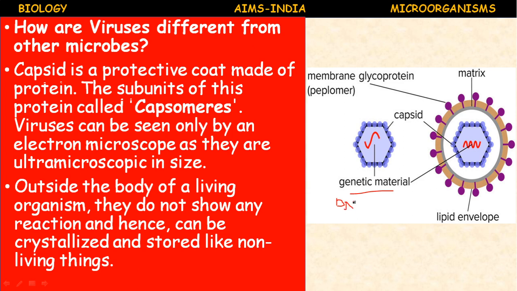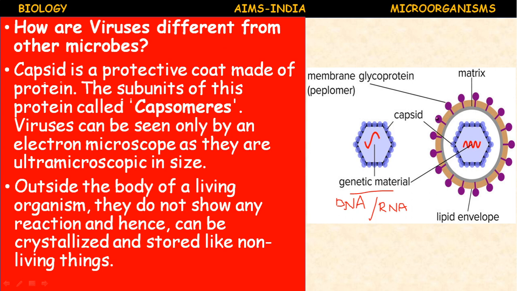Deoxyribonucleic acid, DNA, or RNA. If DNA is present, it is called a DNA virus. If RNA is present, an RNA virus. Because it is the very important structure which decides the fate of the virus.